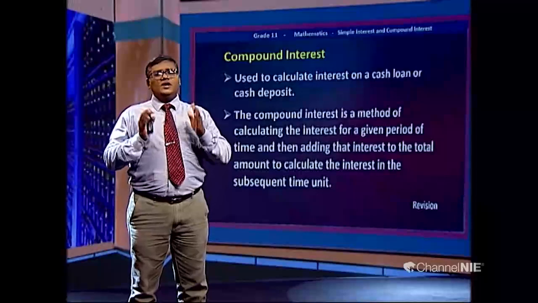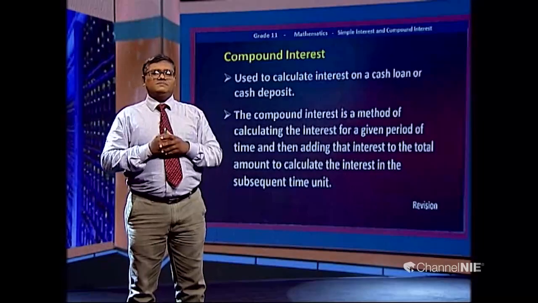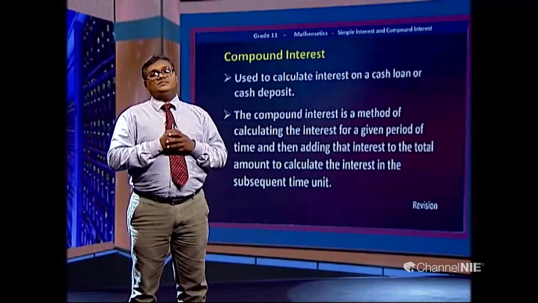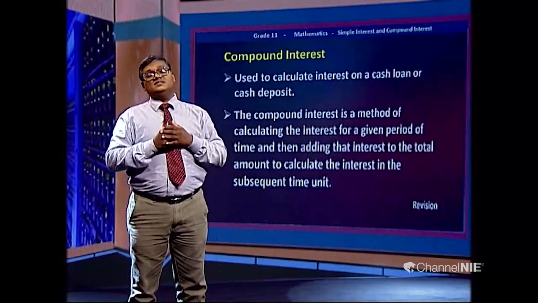That means you have to calculate the interest for the first year. That is very much similar or the same as simple interest. But this first year interest should be added to the amount. When you are going to calculate the second year interest, you have to add the first year interest to the amount. Then the amount increases.